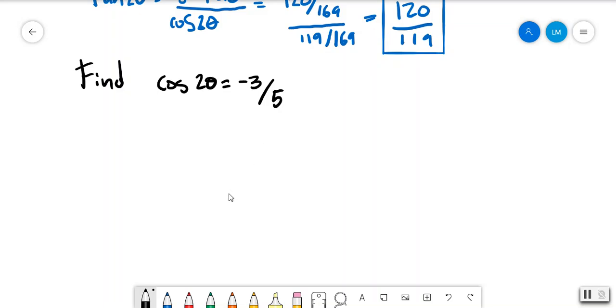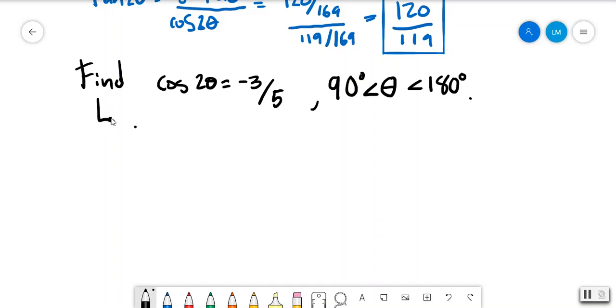Okay, now from here, we'll just say that our theta is between 90 degrees and I believe it's 180. Okay, so what I want to do with this one is I just want to find the sine, cosine, and tangent.